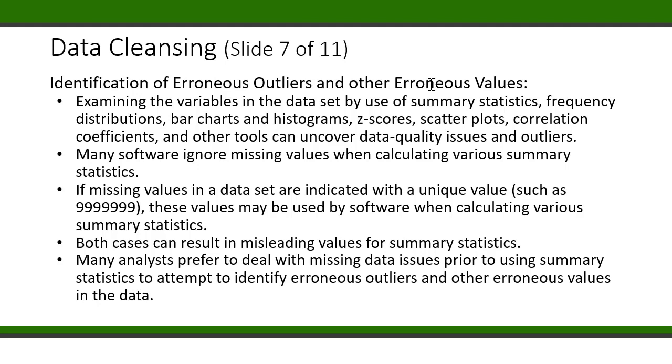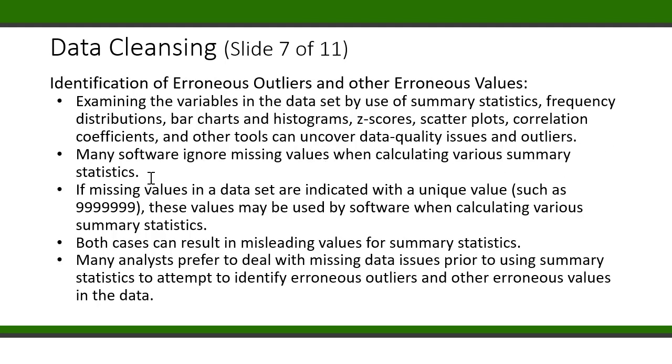So we've talked about when you're looking at your variables, do the summary statistics, look at your frequency distribution, any bar charts or histograms, z-scores, scatter plots, correlation coefficients, and other tools that you can use to uncover your data quality issues and outliers. Most software that you're going to use, like statistical software, is going to ignore missing values and calculate the various summary statistics.